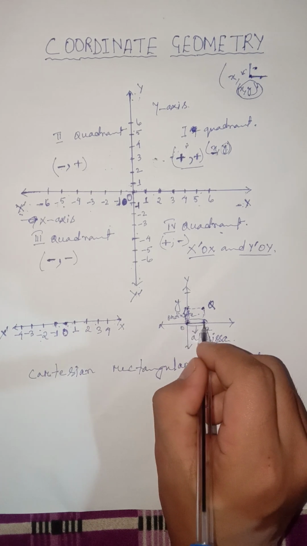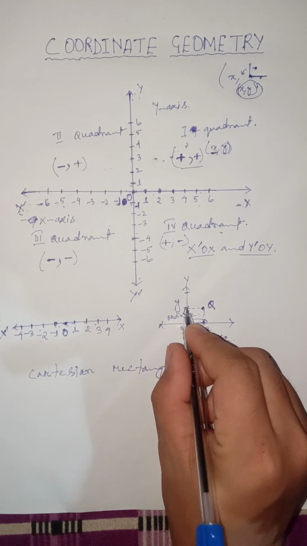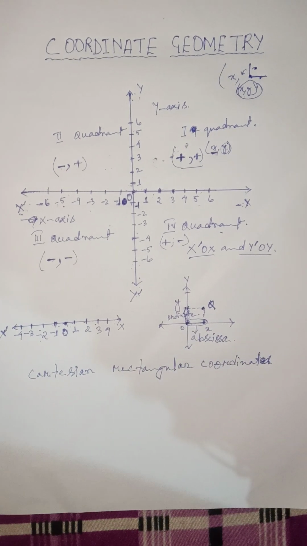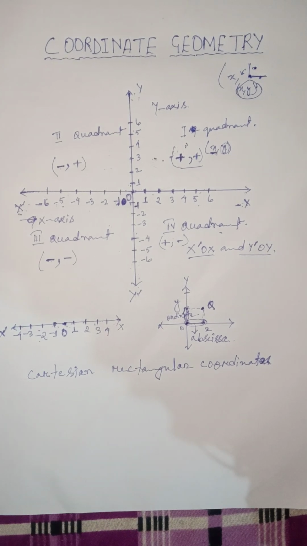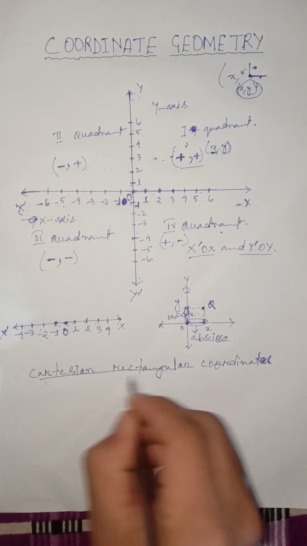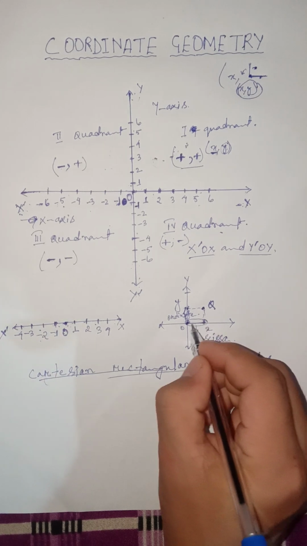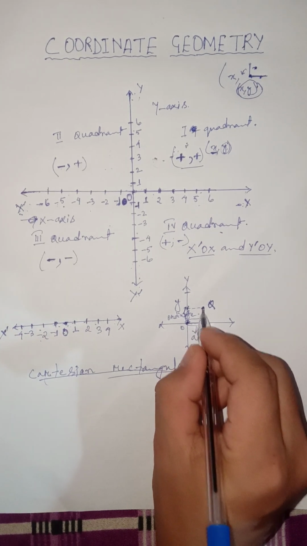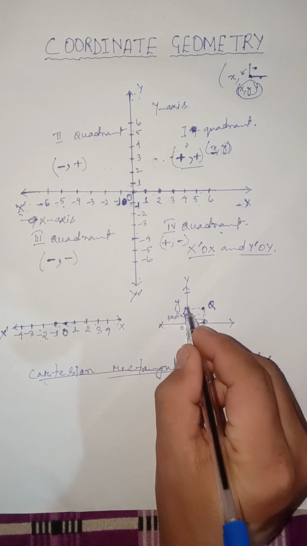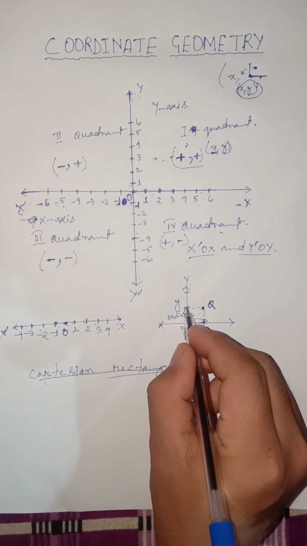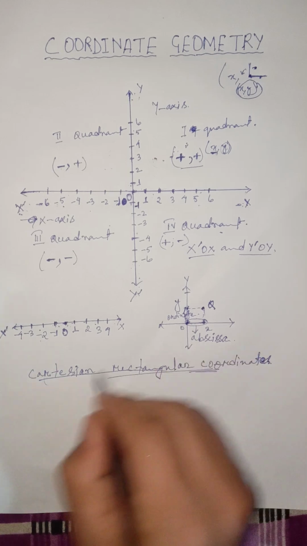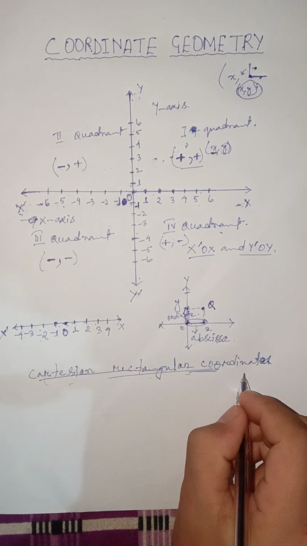So whatever you take in the x direction as well as in the y direction, this x and y form the rectangular coordinate of Q, which is the Cartesian rectangular coordinate. This is the one that we use to get these positions, using the x-axis as well as the y-axis. We call this the Cartesian rectangular coordinate, right?